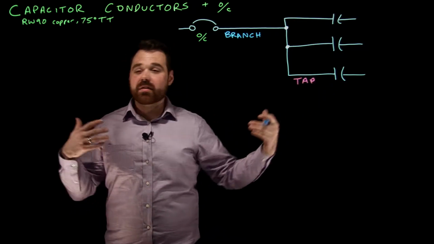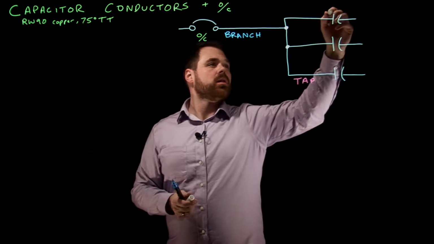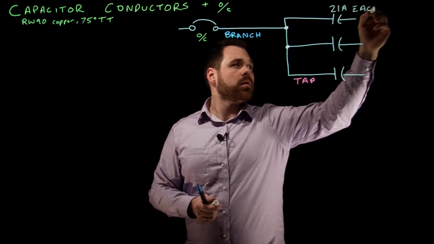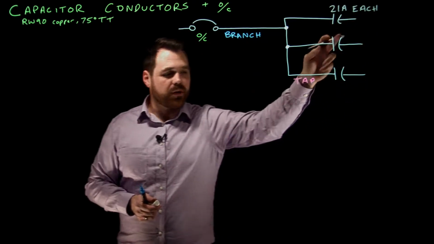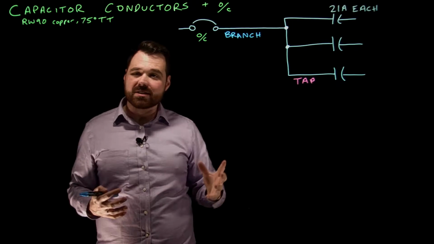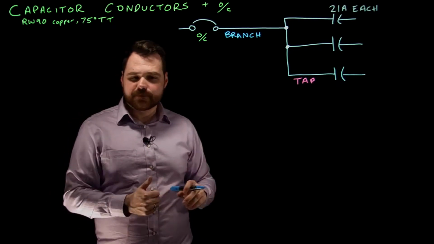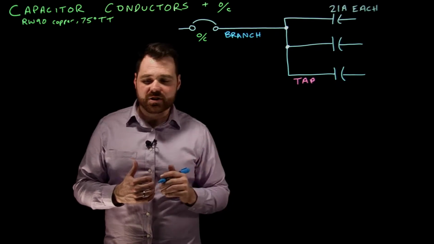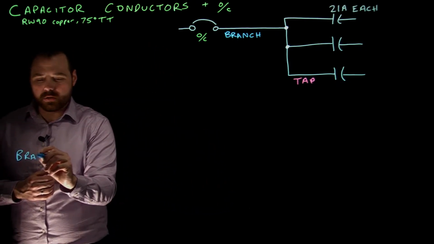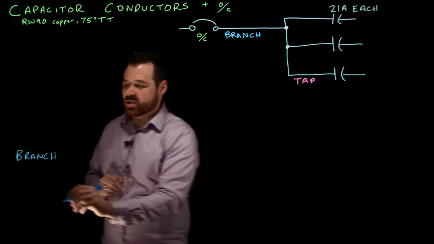So if it's supplying three capacitors, and let's say that each capacitor is 21 amps, so 21 amps, 21 amps, 21 amps, that would mean my total for this circuit would be 63 amps. So my branch circuit is 63 amps.